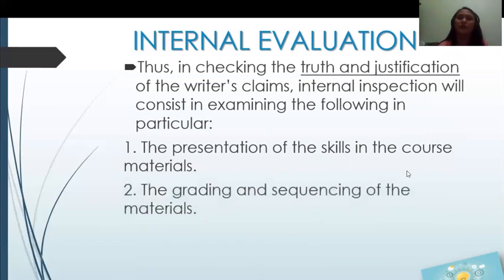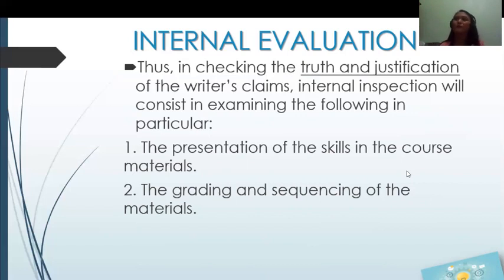Next is the grading and sequencing of the materials. You also need to look if the grading is suitable, if it uses a holistic or analytical rubric, and if those rubrics are suitable to the kind of test that we gave to our learners. And of course, the sequence of the materials is very important.